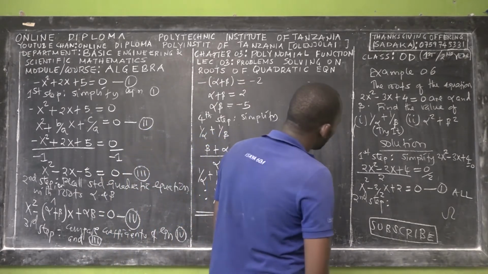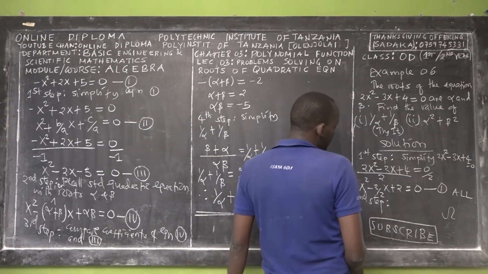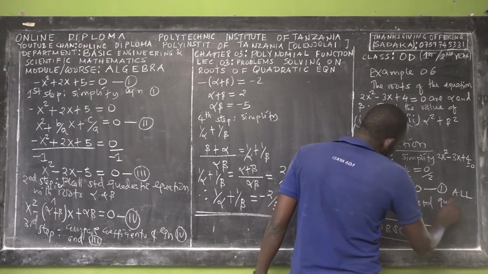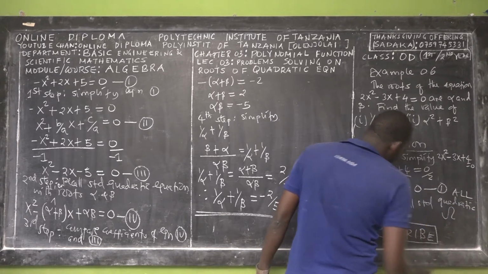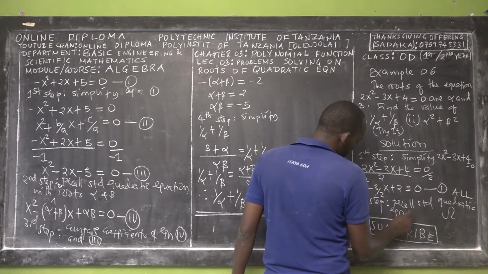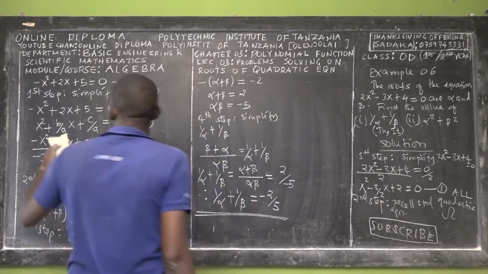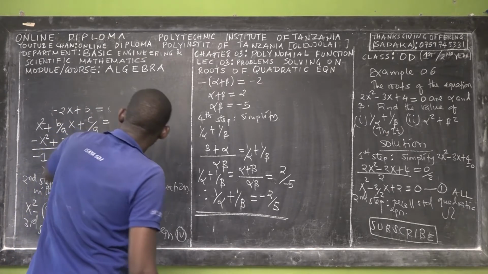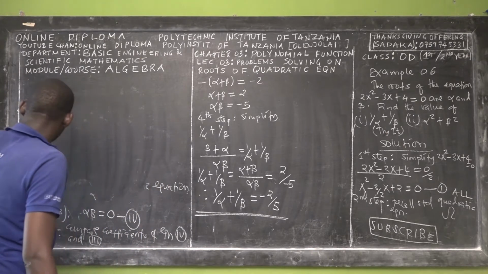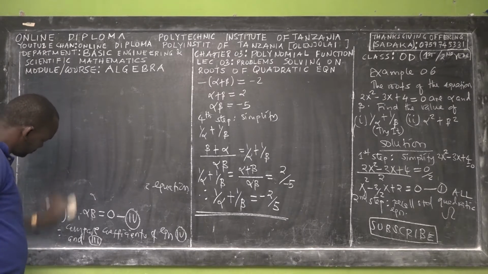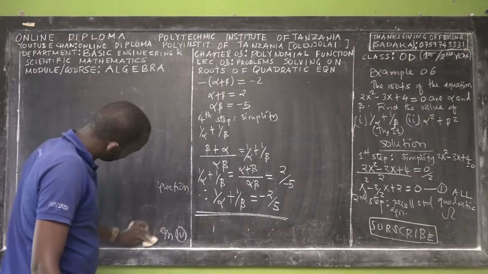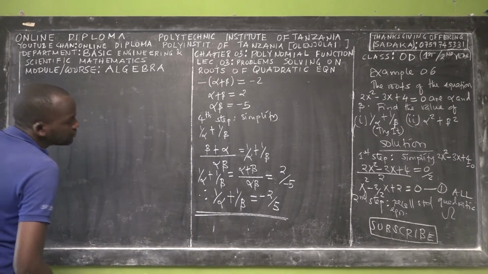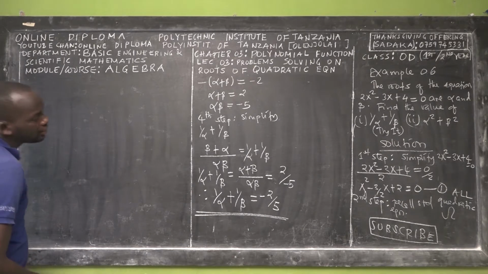Okay, second step. So the second step, we have to recall the standard quadratic equation. So that is equation 1.